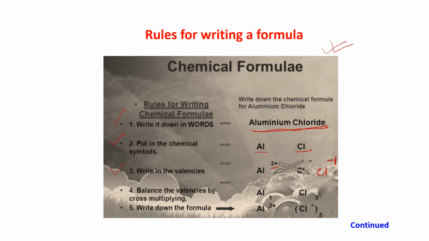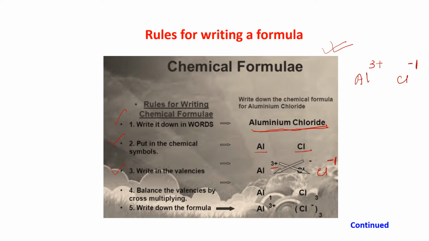Then what do we do? Balance the valencies by cross multiplying. Let me show you here. I am writing aluminium 3 plus and chloride minus 1. You can write 1 or you may not write 1.